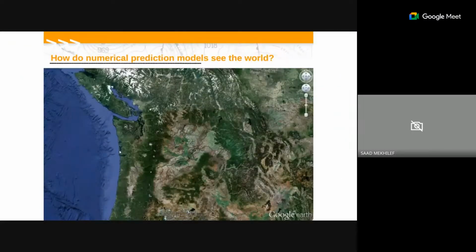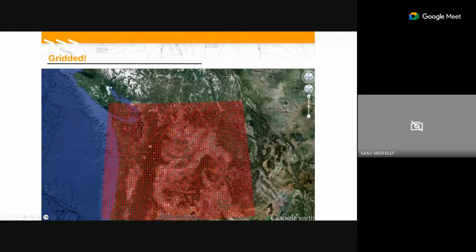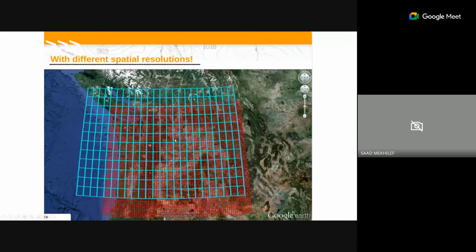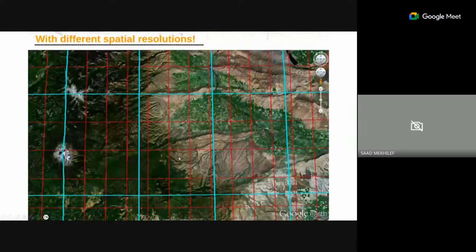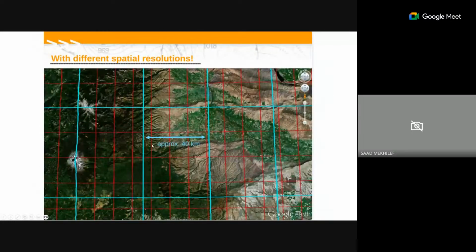Okay, so for example, one of the ways is numerical prediction. You see, starting with taking, like a Google map of certain locations, and then dividing it into gridded locations, using different resolutions for different grids, and then zooming in with different resolutions, and then we can define the distance between the different grids.